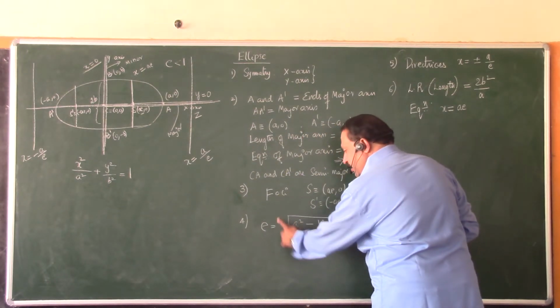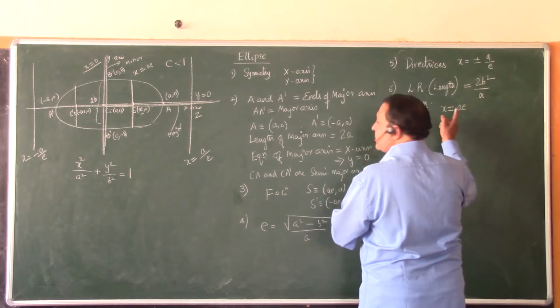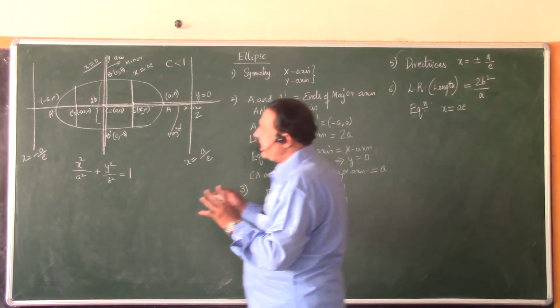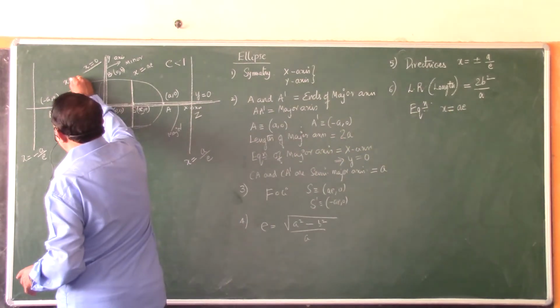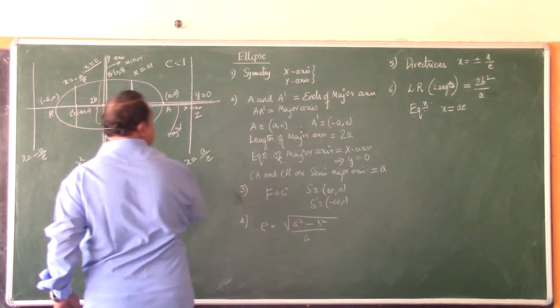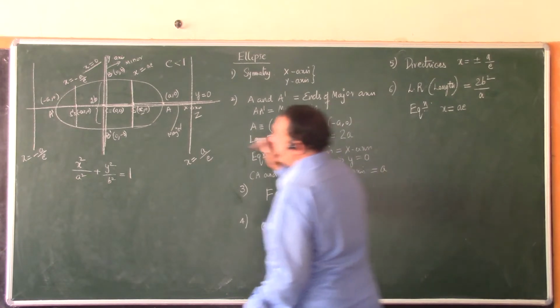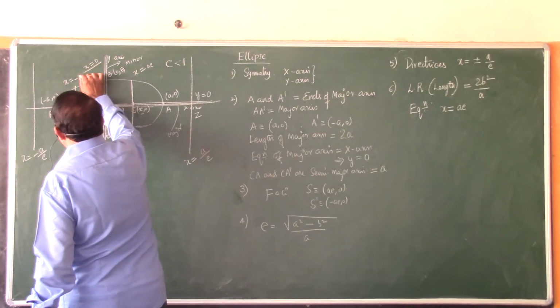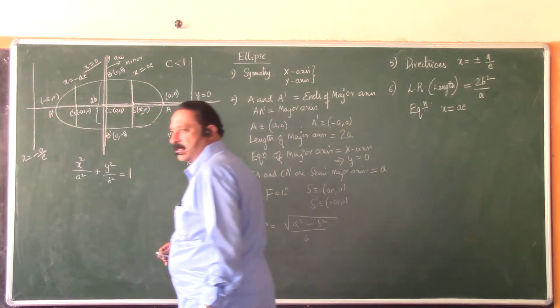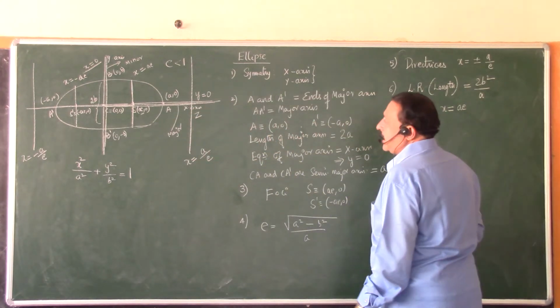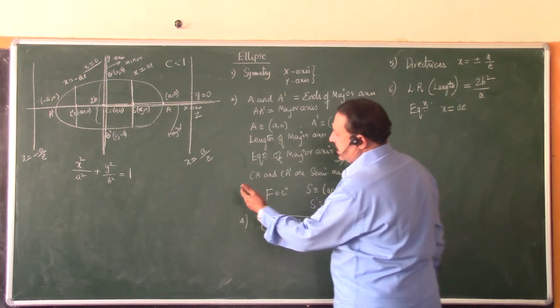So 5 into this will give the equation of the first latus rectum. And similarly, you have the other latus rectum on the left side, which is x equals minus a by e. No, it is minus ae, not a by e. a by e is the equation of the directrix.